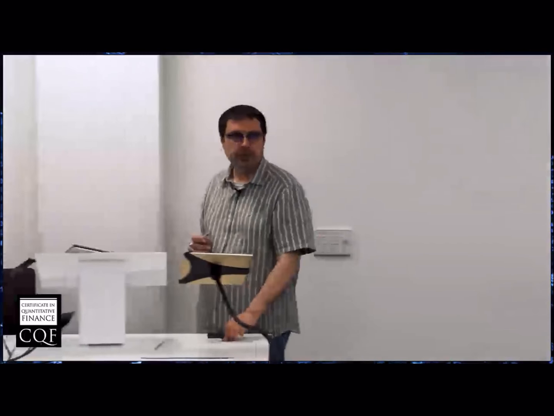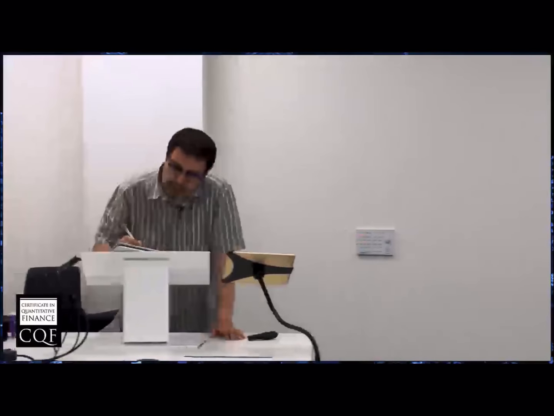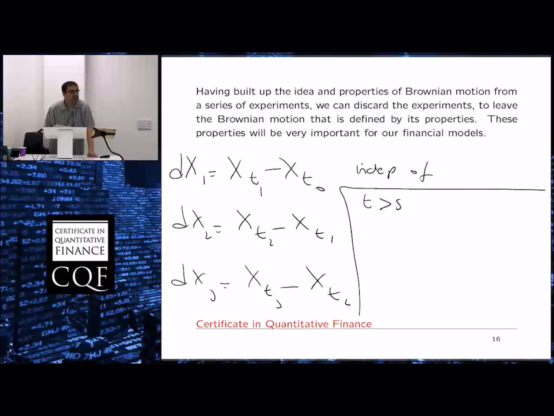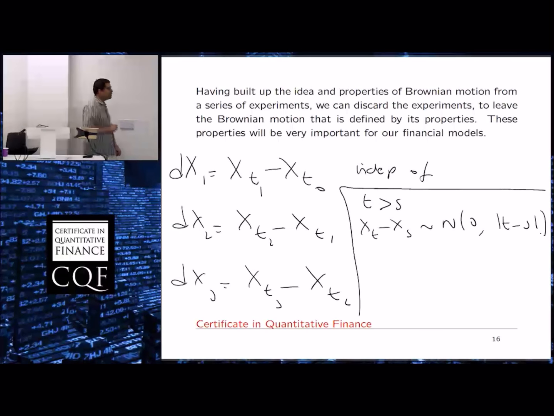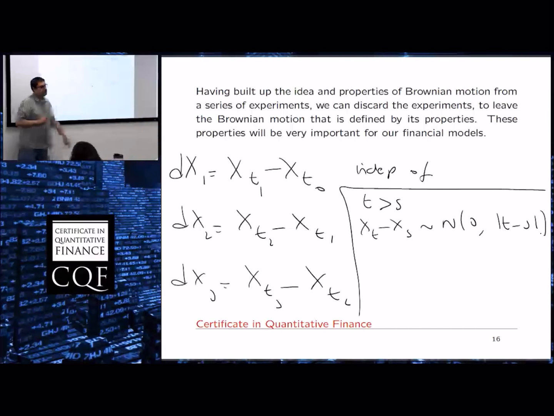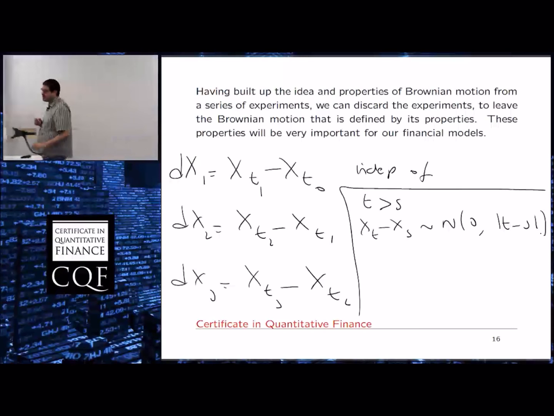The other thing we can also write down is, suppose I've got Brownian motion at two different times. So let's suppose I've got time t is greater than s. Then we can say that xt minus xs is normally distributed with a mean of 0 and a variance of t minus s. And we can write down the corresponding probability density function for that, using what we did last week.